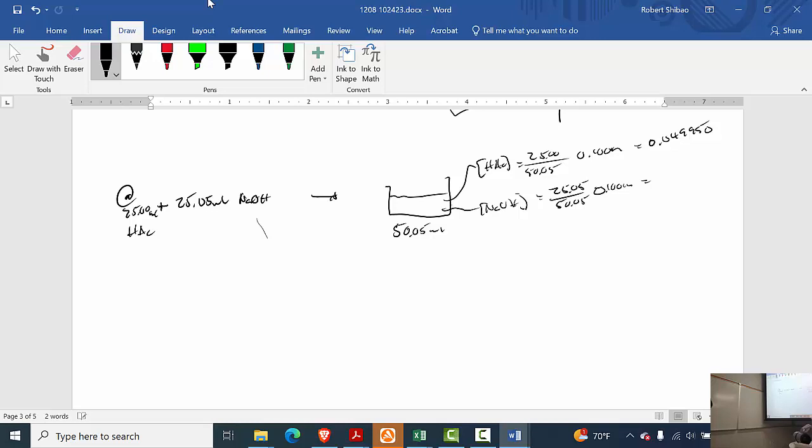Okay, the other dilution is 25.05 over 50.05 times 0.1. And that gives me 0.0500499 molar.